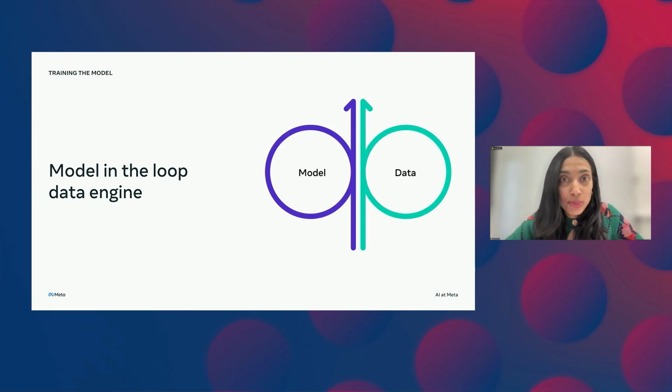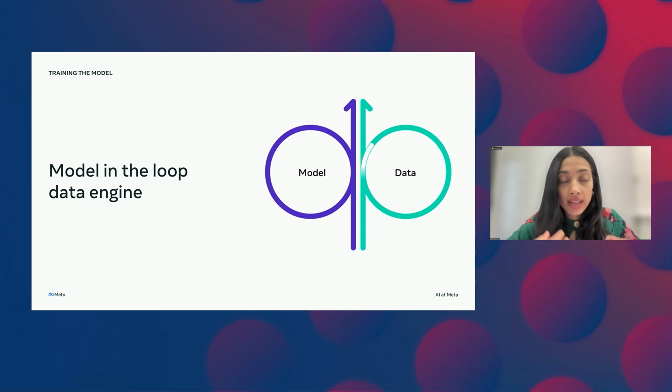To train a language model, we can take all the data from the internet, but segmentation masks don't really naturally occur on the internet. And so we needed to come up with a strategy for how to collect this kind of data at scale. And to do this, we came up with the idea of a data engine.